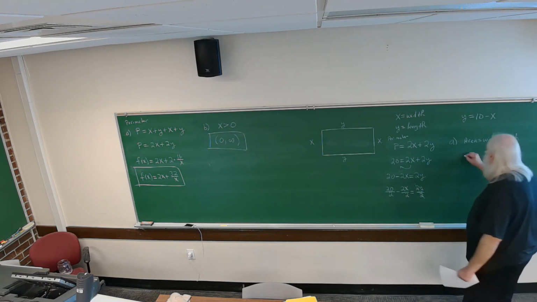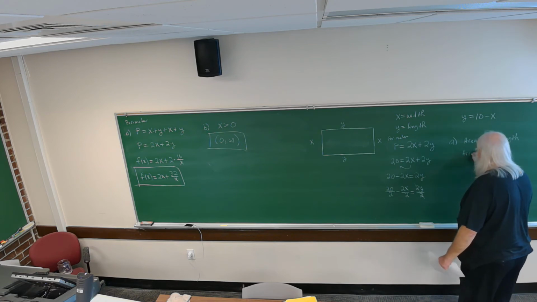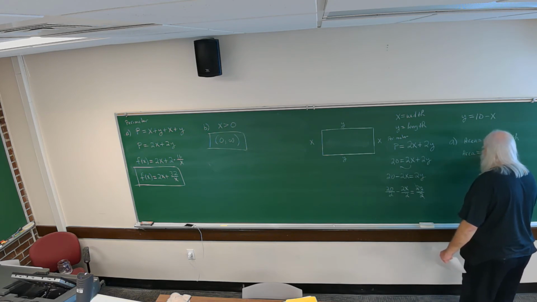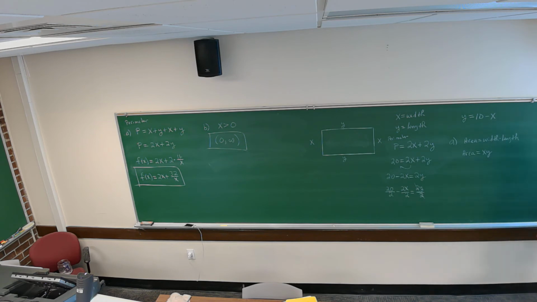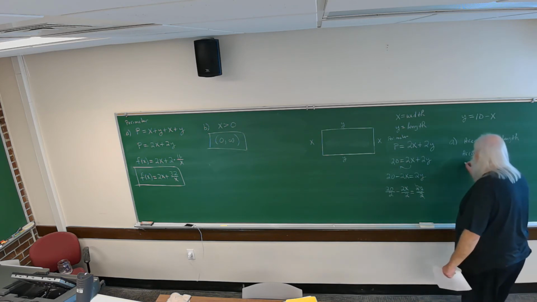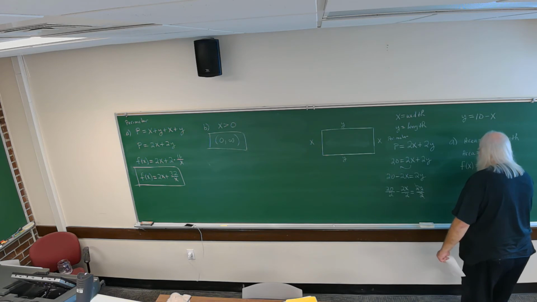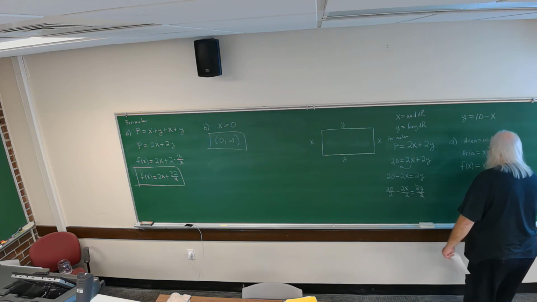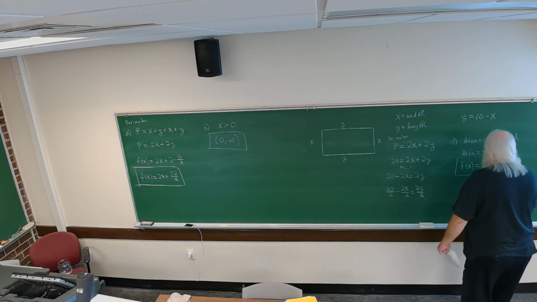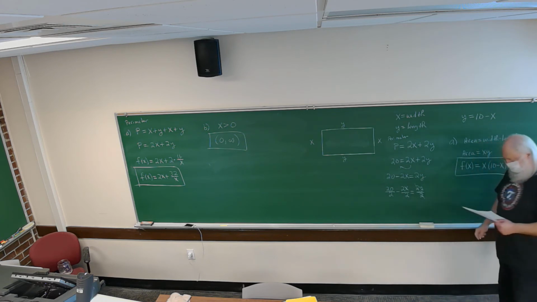In this case, area using variables is x times y. And what's y? 10 minus x. So we can write the area as a function of x, which is x times 10 minus x.